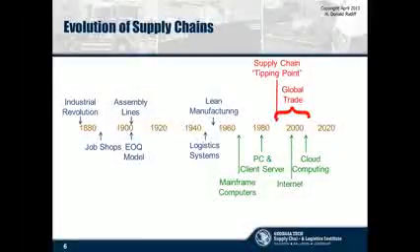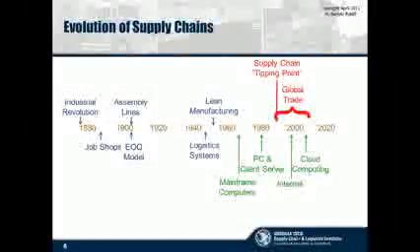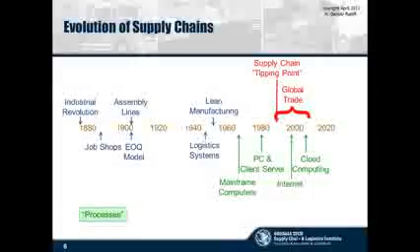So what we've had since 1990 is this big focus on global trade, and it has fundamentally changed the way we have to think about inventory. Everything is different than it was prior to that.